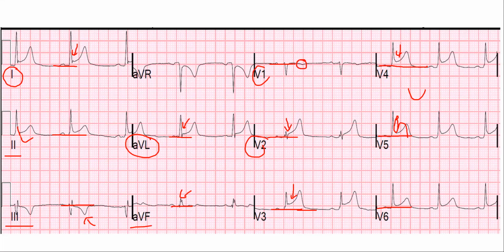But in this ECG, you can see in the inferior leads, like lead 2, 3, aVF, there is still ST elevation, which we do not usually find in case of myocardial infarction. If it was an MI, if you get ST elevation in the chest leads, we will be looking for either a normal ST or depressed ST in these inferior leads.